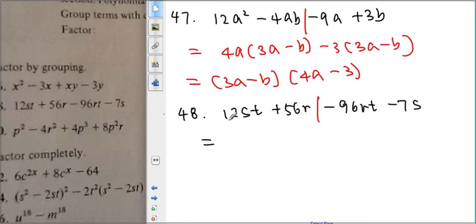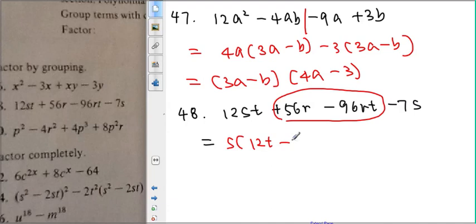What is common between 12st and 56r? But when you look through the next one, wait a minute, this one is r and r. Instead of doing these two, what if you group these two, because both of them share r and here it shares s. So let's try to factor out s first. Then we have 12t minus 7.